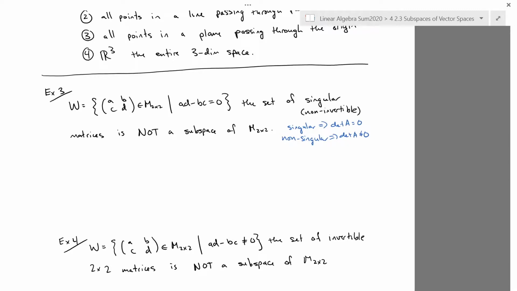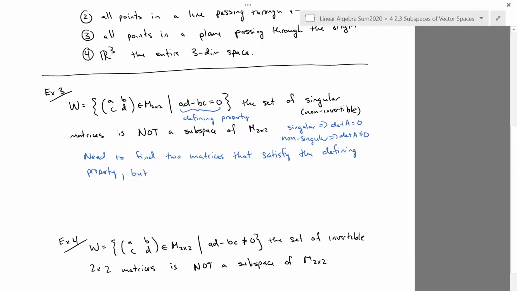We need to find two matrices that satisfy the defining property, but the sum does not.